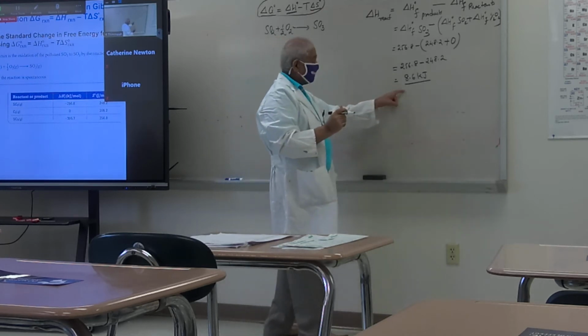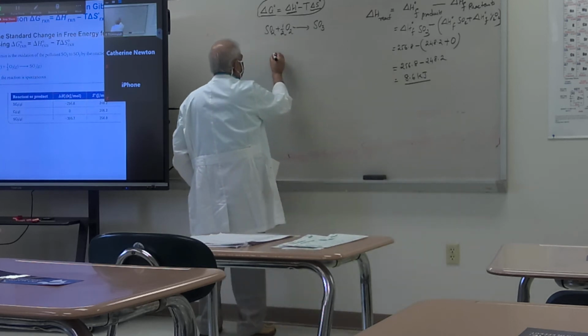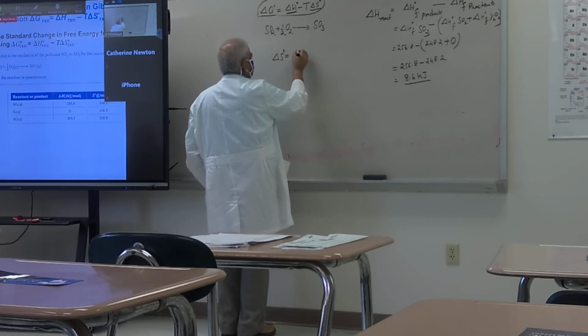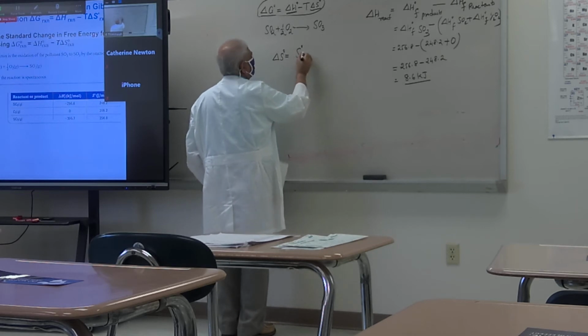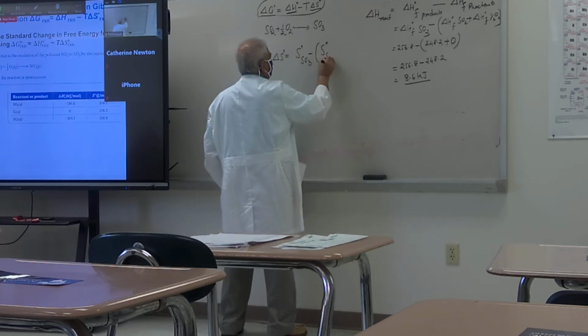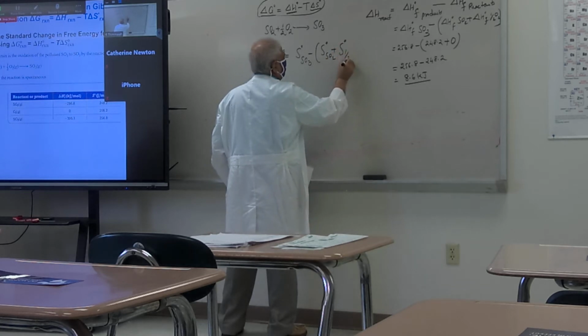You keep this on one side, okay? I'm going to remove this. Okay, let us work out here. So delta S0 equals S0 of SO3 minus S0 of SO2 plus S0 of O2.